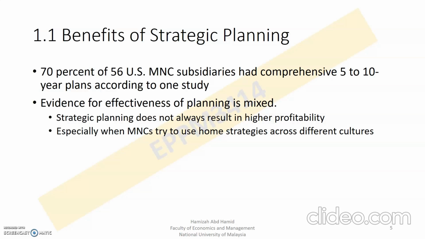Let's say Huawei. Huawei is a multinational company from China. The strategy in China, if it is implemented similarly in a different market, won't be as effective. So that is how the evidence for strategic planning can be a bit mixed.